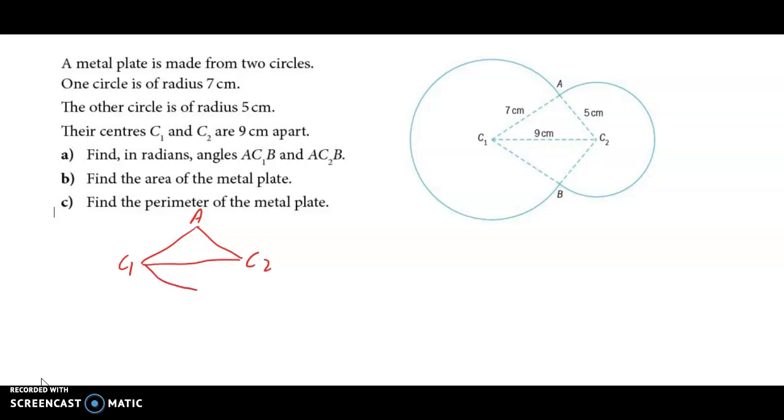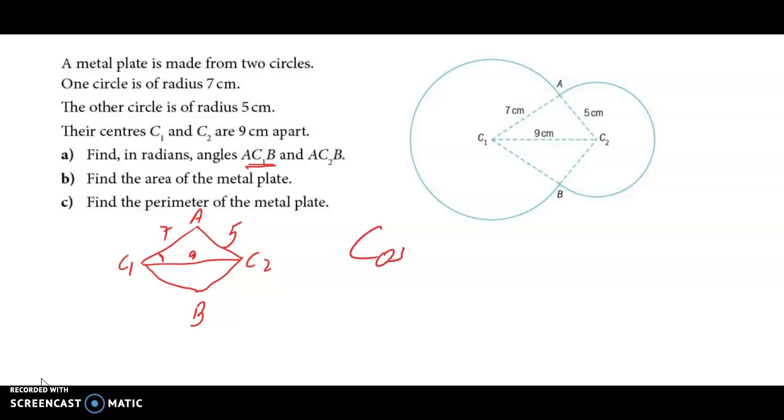Similarly, if we extend this, this will be B. Here we know this length is 5 centimeters, this is 7 centimeters and this is 9 centimeters. So to find an angle, let's say if we wish to find AC1B, since we know all the sides of triangle AC1C2, we can use the cosine rule.